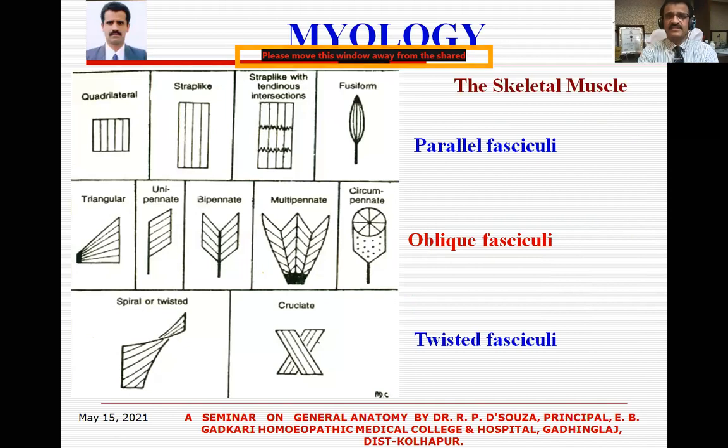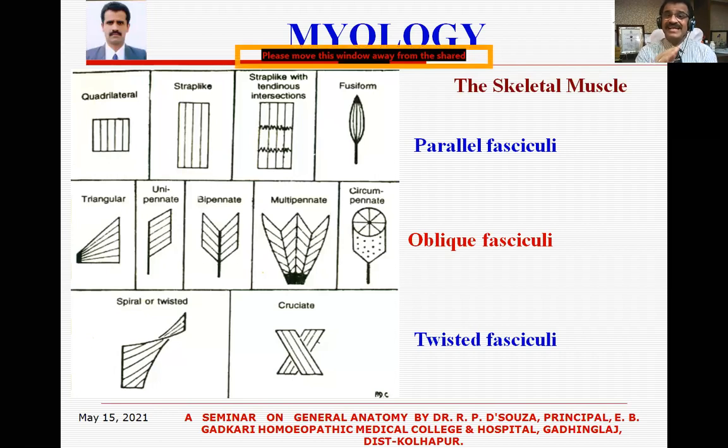Quadriceps means four heads. A strap-like muscle, there are many strap-like muscles here in your neck region: sternohyoid, cricothyroid, sternomastoid. Plus on the thigh you'll also get the sartorius muscle, which is like a strap.